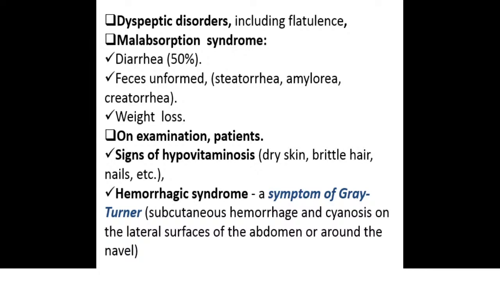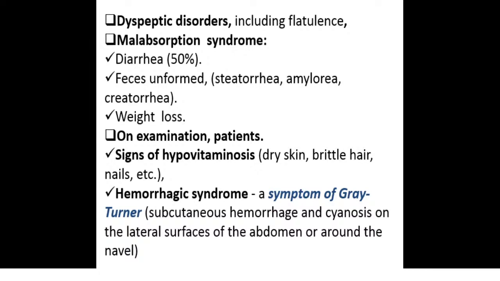This is the symptom of Grey Turner. It is subcutaneous hemorrhage and cyanosis on the lateral surface of the abdomen or around the navel.